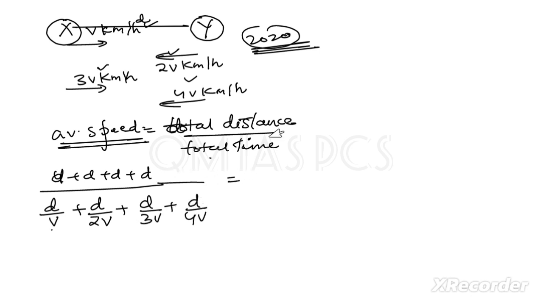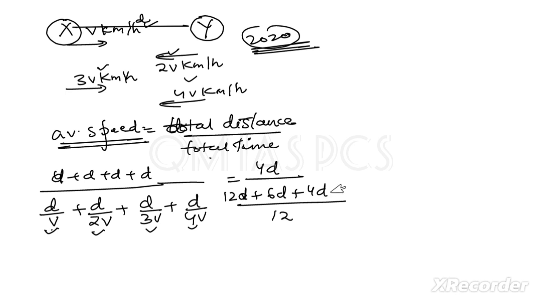Okay, then it will be 4d, and here we have to take the LCM of 1, 2, 3 and 4, and that will be 12. So here it is 12d plus 6d plus 4d plus 3d. Now we have to add all. It will be 4d divided by 6 plus 4, that is 10, 10 plus 12, that is 22, plus 3, that is 25.